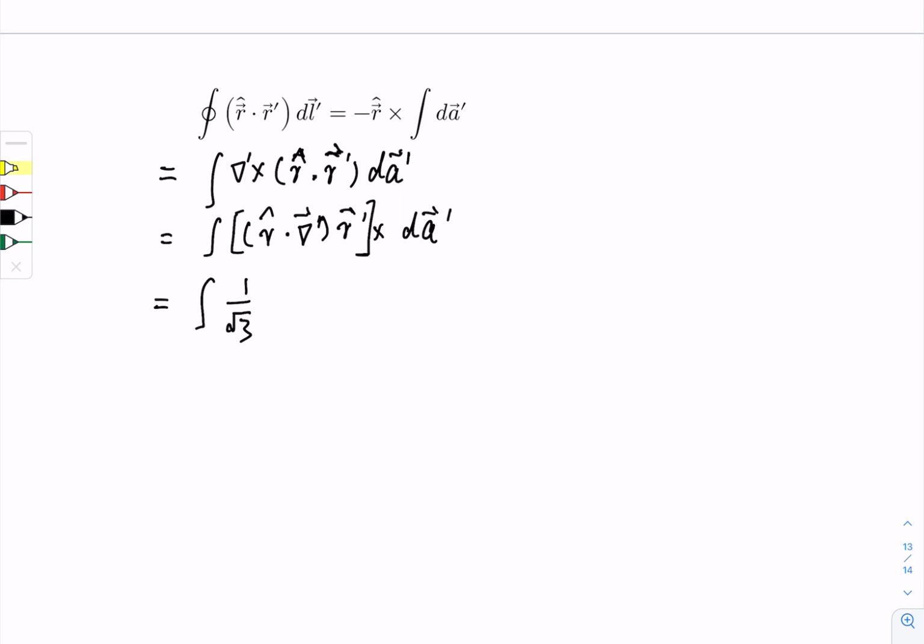So it's best to write this out explicitly in terms of Cartesian coordinates. So the r hat is simply the square root of 3 times x hat plus y hat plus z hat, and we dot the x hat partial x prime, y hat partial y prime.